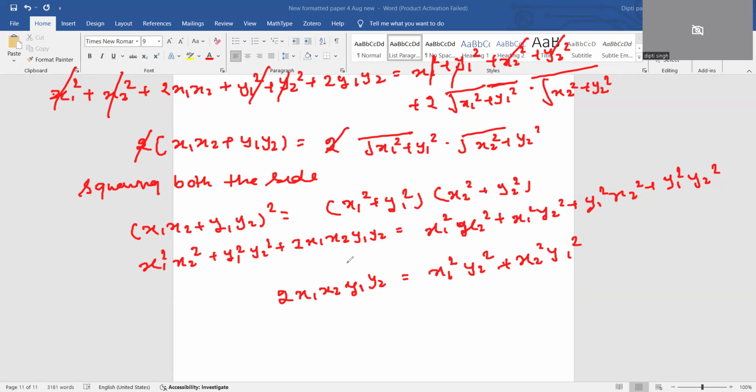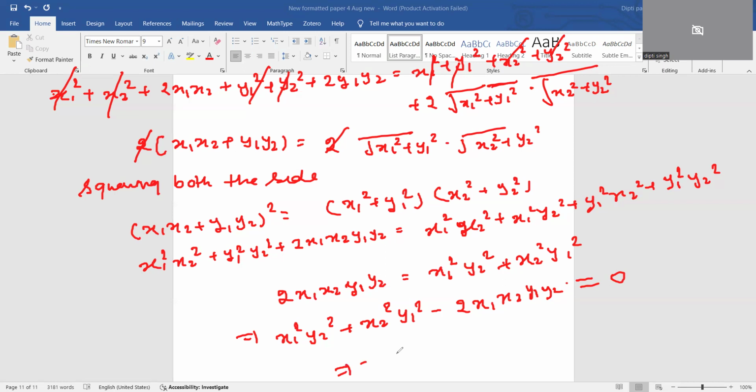Now we can solve it. We can write it like that: x1 square y2 square plus x2 square y1 square minus twice x1 x2 y1 y2 equals 0.